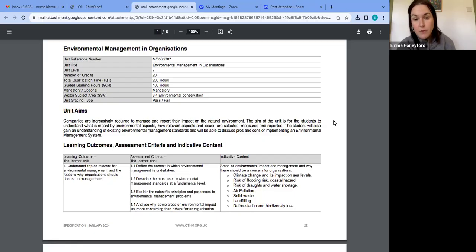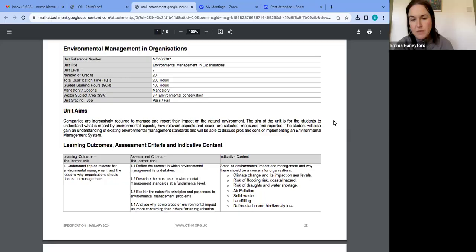We've then got the risk of flooding and coastal hazards, and then the risk of droughts and water shortage, air pollution, solid waste, landfilling, and deforestation and biodiversity loss. These are all different types of impacts that an organisation can have on the environment, but they may look different for each organisation, depending on where the organisation is based.